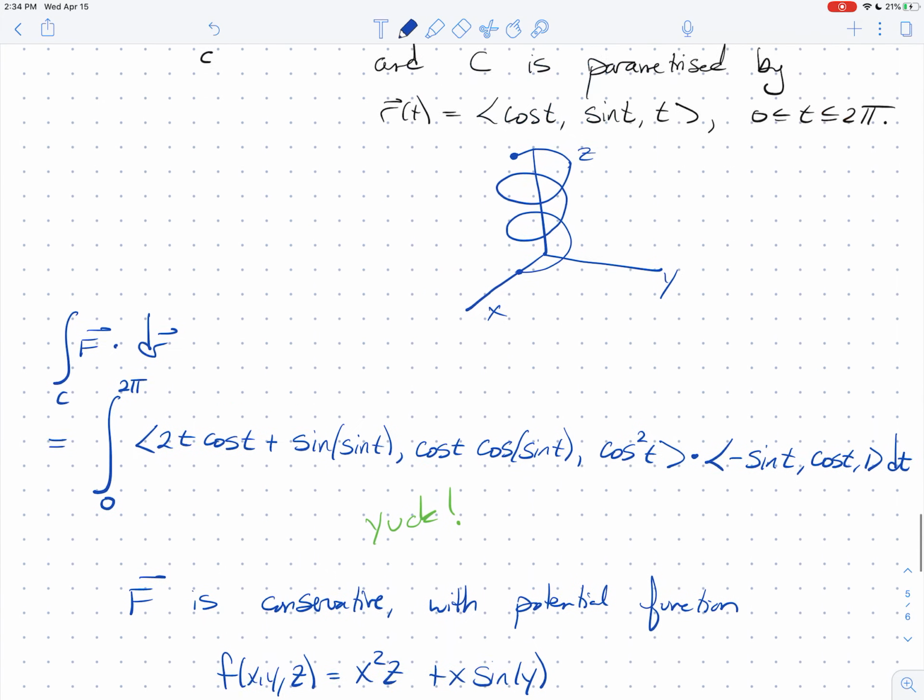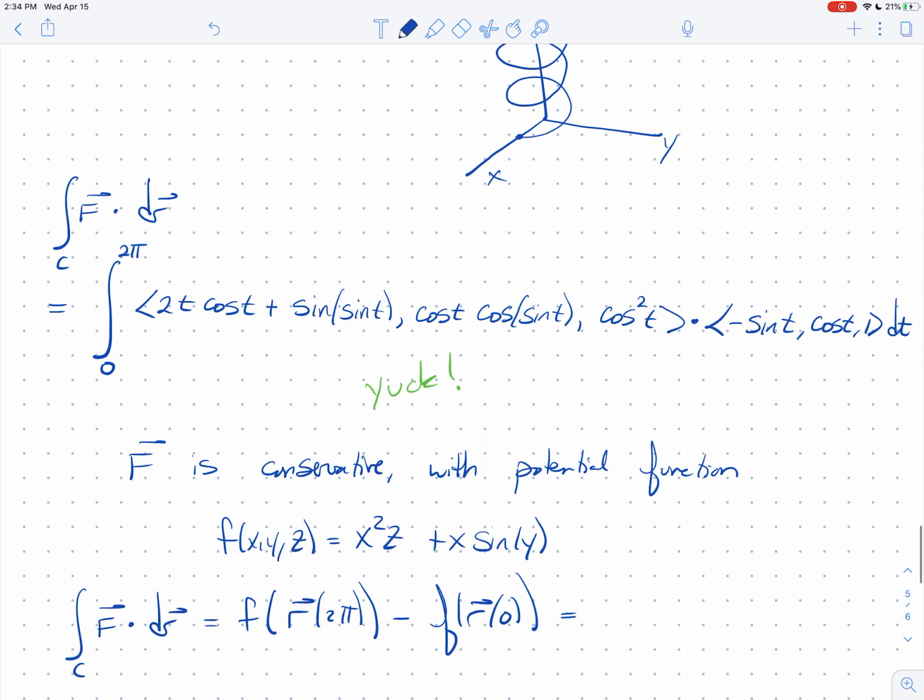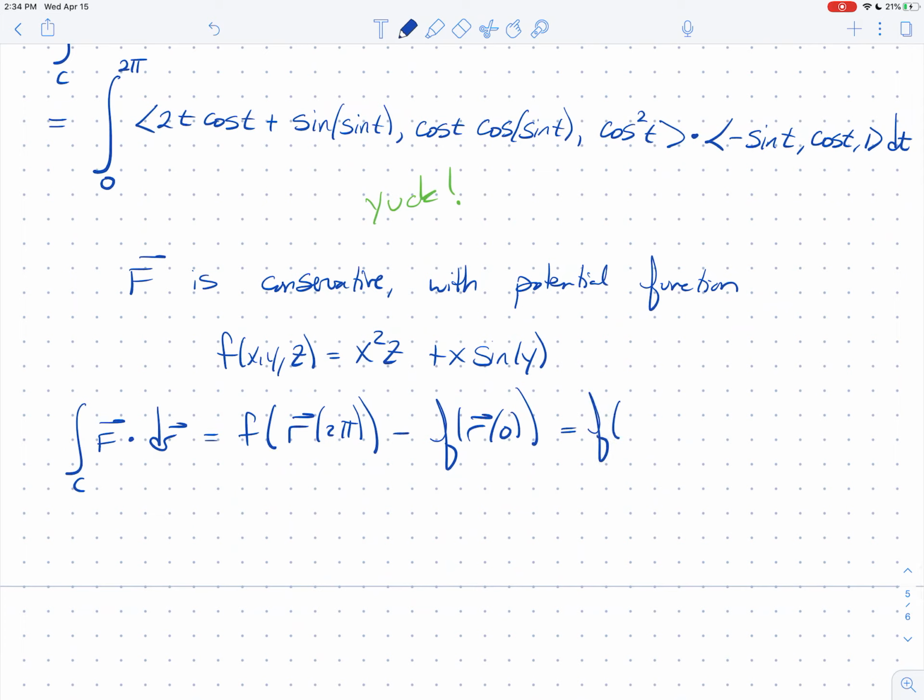Well, r of 2 pi, remember r was cosine t, sine t, t, so this is going to be f of cosine of 2 pi, which is 1, sine of 2 pi, which is 0, and then t is just 2 pi in the z component, minus f of r of 0, which is 1, 0, 0. Now I look at my little function.